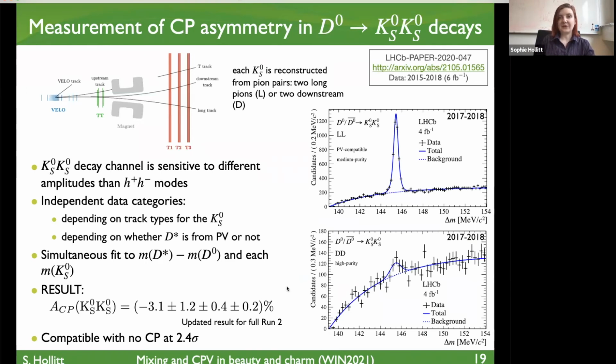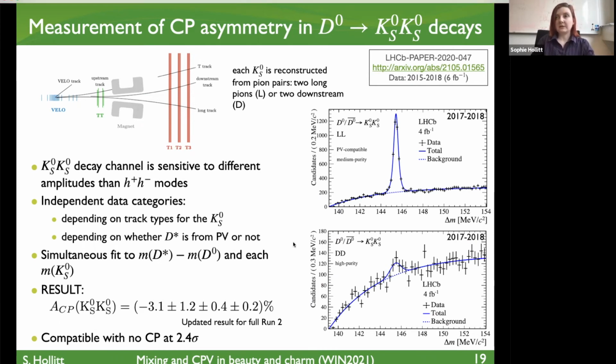Another thing I'd like to talk to you about, again, is charm with neutral hadrons. So here we have D0 goes to K short, and this channel is sensitive to different amplitudes than the h+ h- decay modes we looked at first.